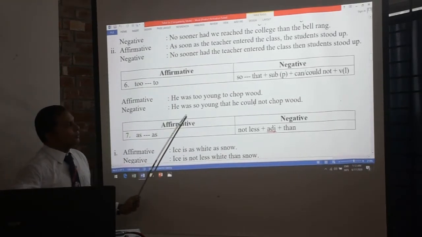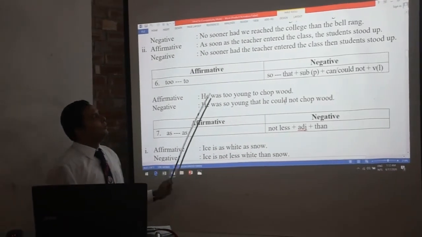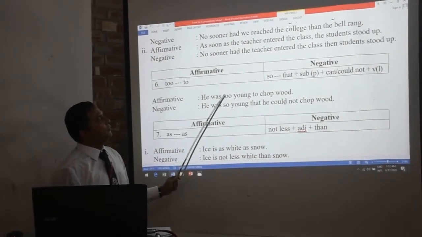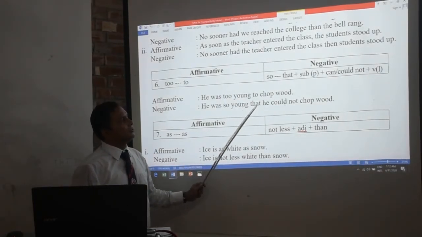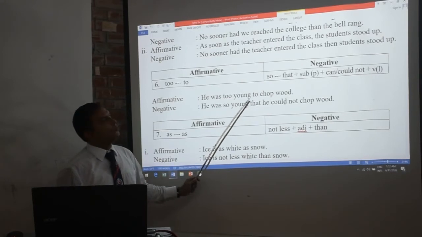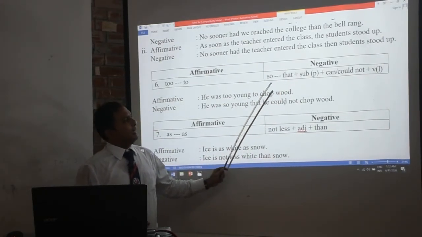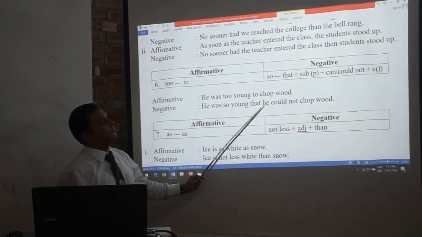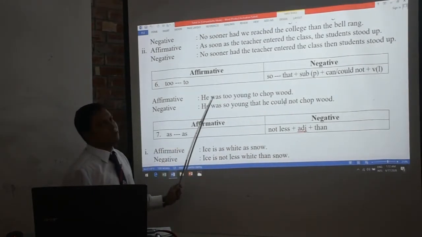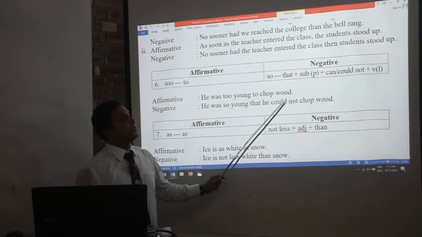He was so young that he could not chop wood. What is the change here? For "too" we have used "so," and for "to" we have used "that." And after that we have to use the pronoun of the subject and then "can" or "could" plus "not." So after "he," we have used "could" because it was in past indefinite tense, and then "not" plus the present form of the verb.